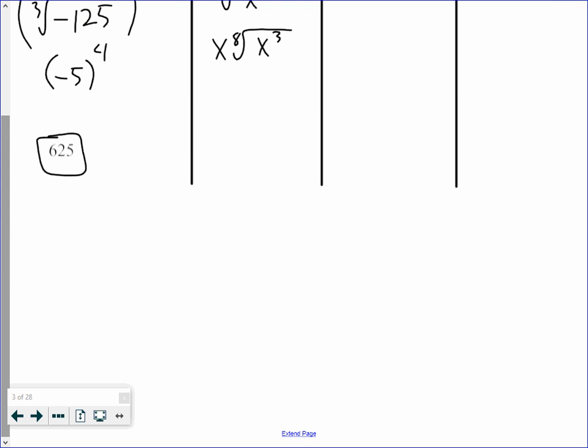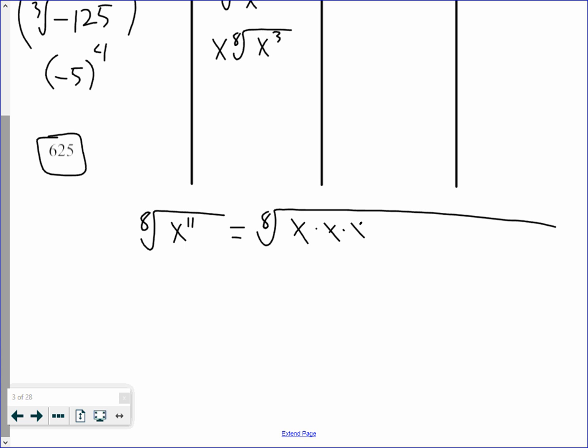Another way to think about this is that the 8th root of x to the 11th is the same thing as this, x multiplied out 1, 2, 3, up to 11 times. X to the 11th power is the same thing as multiplying x 11 times, right? So what we want to do now is take out groups of 8 into the front to simplify this expression.